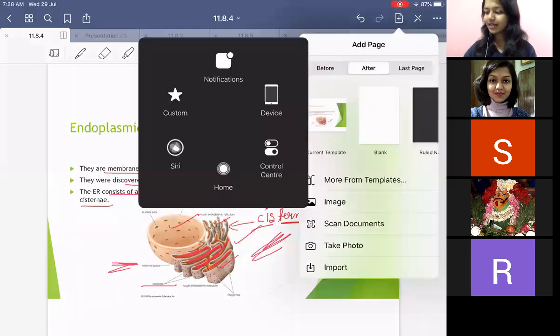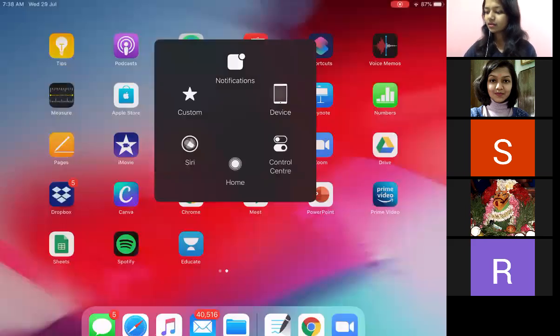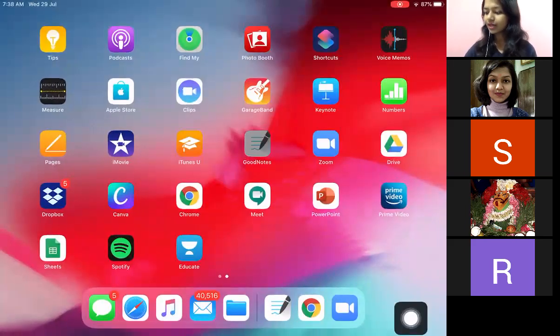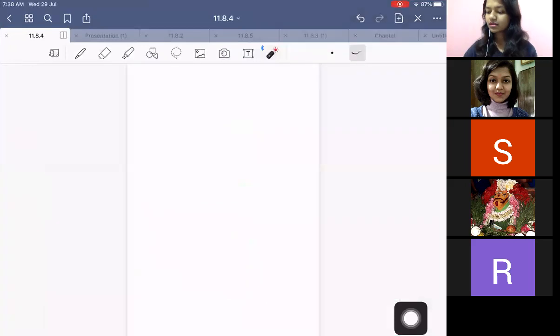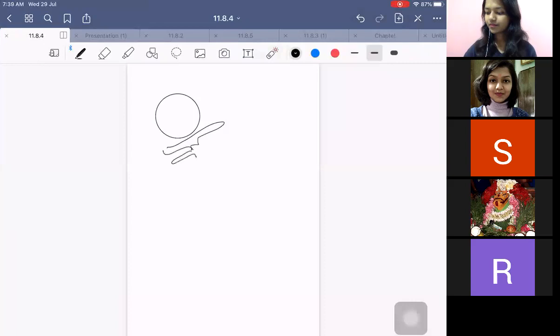We can just make a diagram. If this is the nucleus, it has endoplasmic reticulum. So it has cisternae, tubules and vesicles. On the cisternae, ribosomes are present with the help of ribophorins.